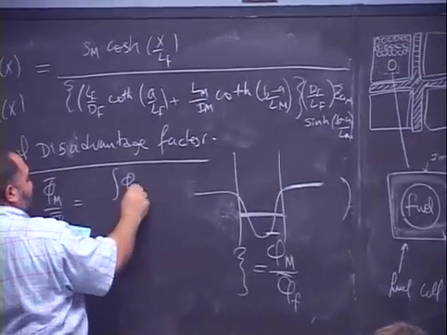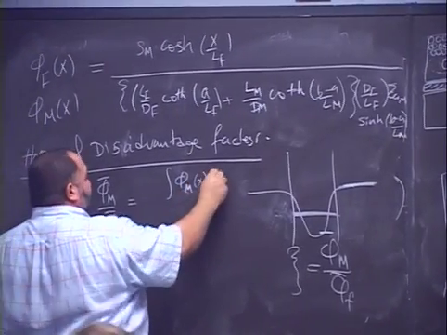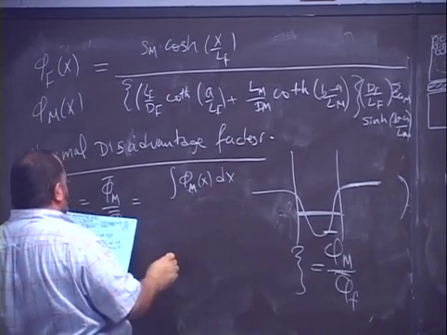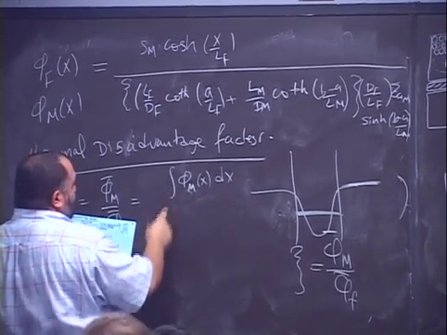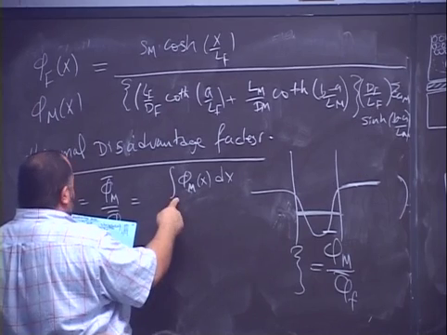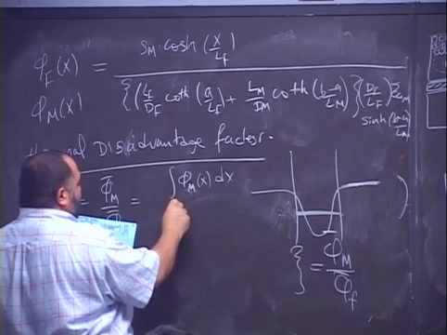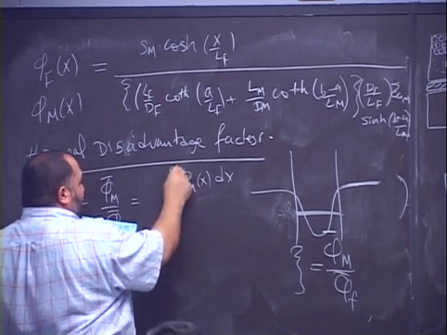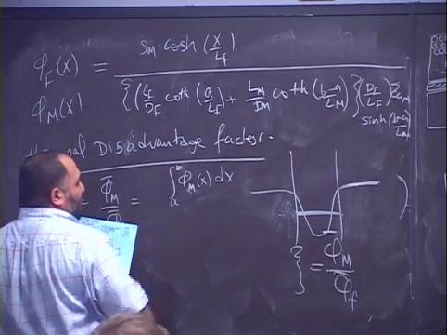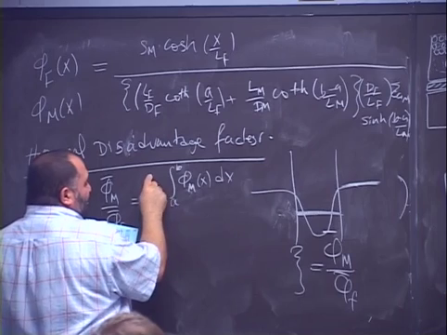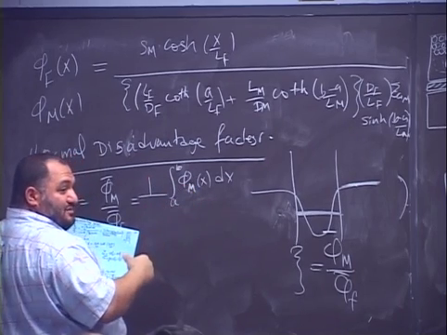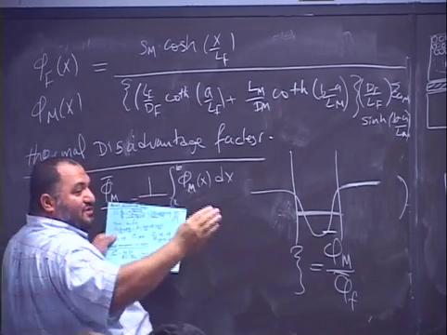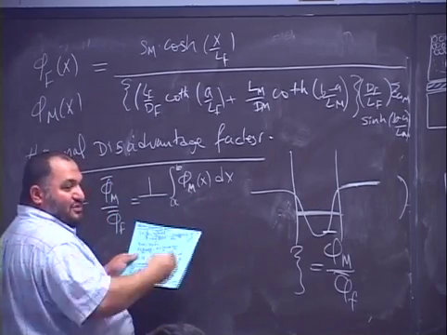I will take the flux in the moderator as a function of x, dx, and I will integrate over the region where the moderator is, but I have to divide by the thickness, so that I will get an average.